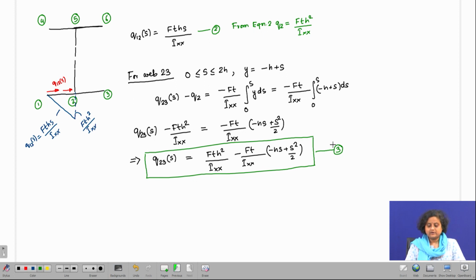Now, from this equation 3, we can find out the shear stress distribution in web 2-3. Now, we can always find out Q3, which is going to be Q23 of 2H, and that is going to be Ft H square by I xx minus Ft.